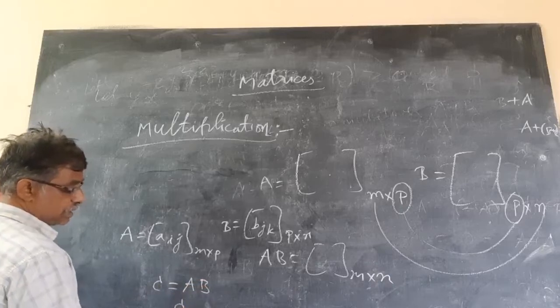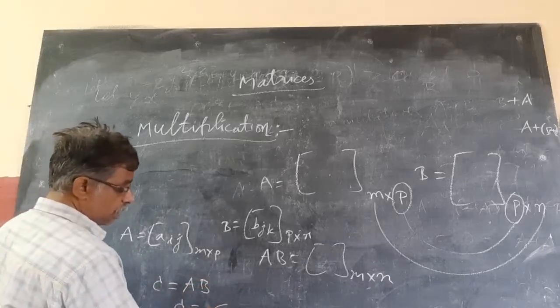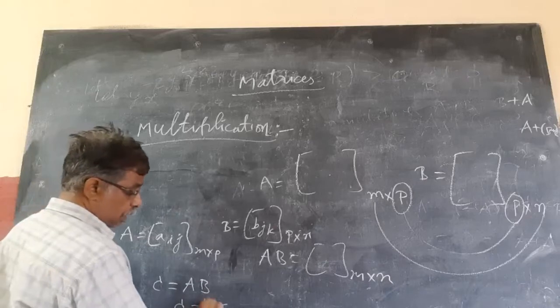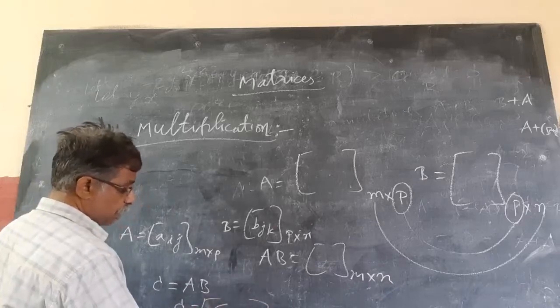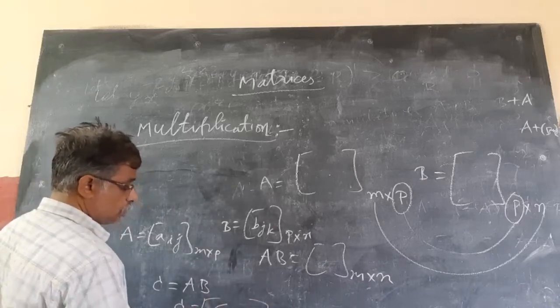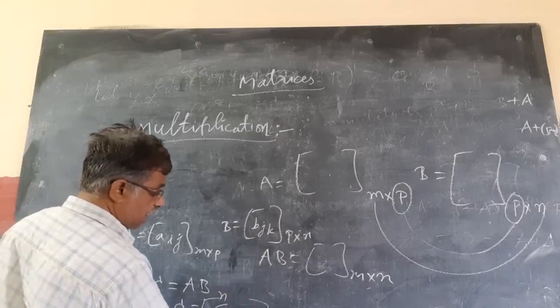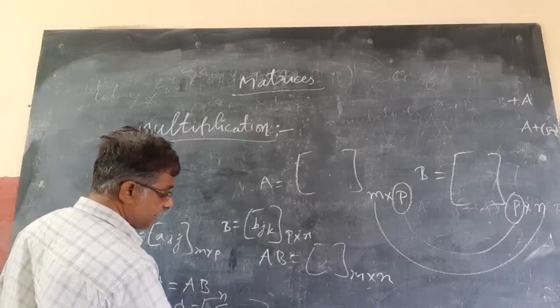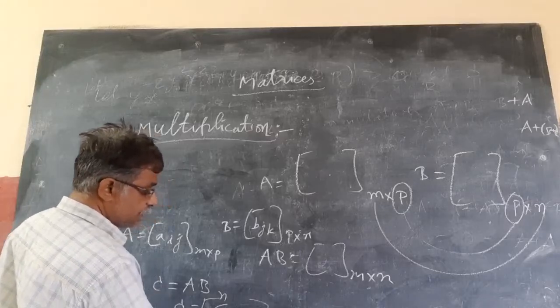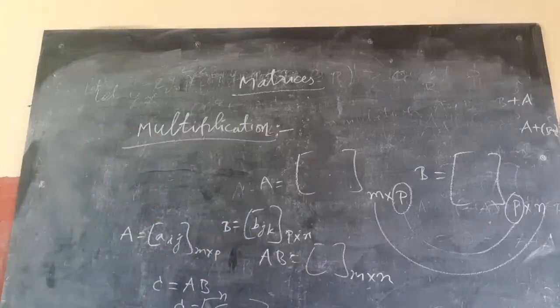Now C equals the sigma over j from 1 to p of a of ij into b of jk. These two should be equal.